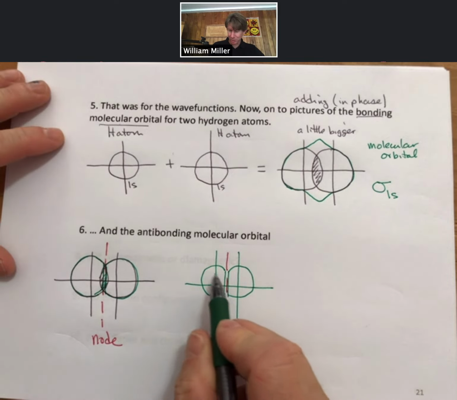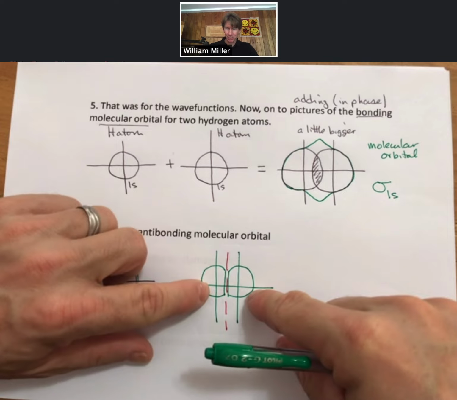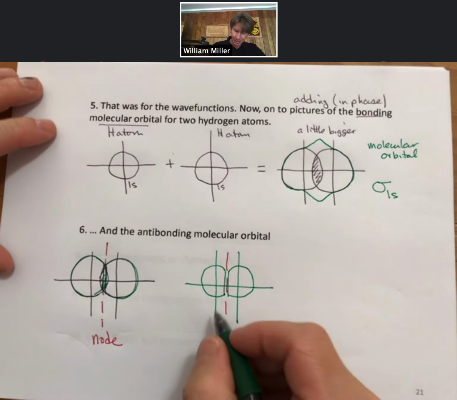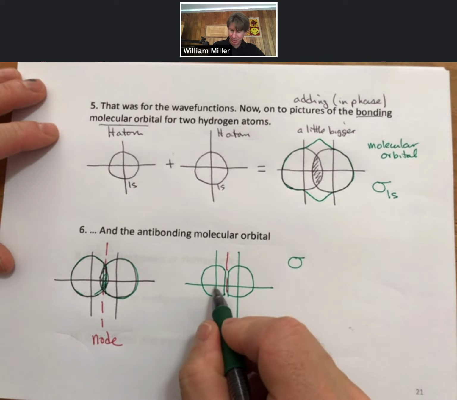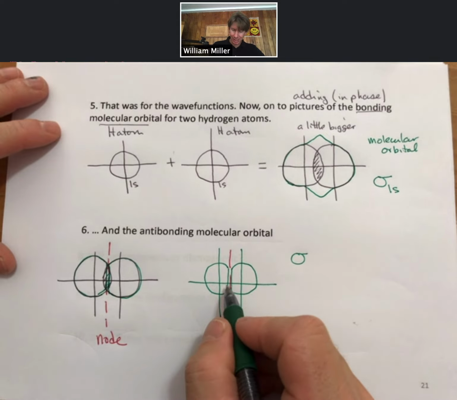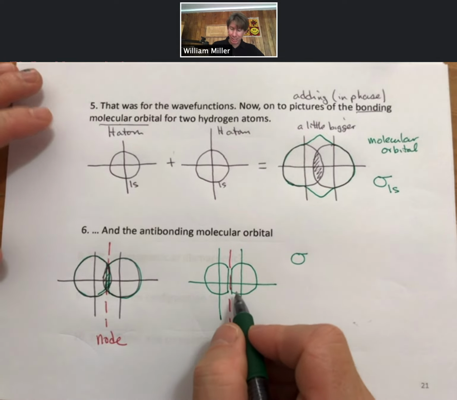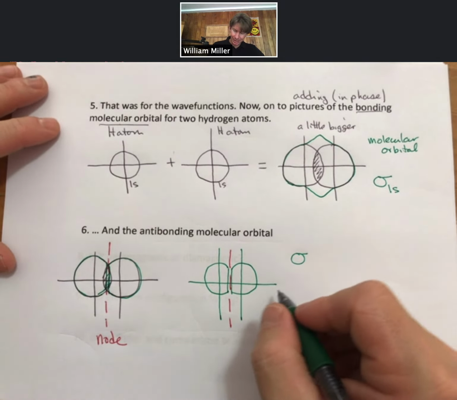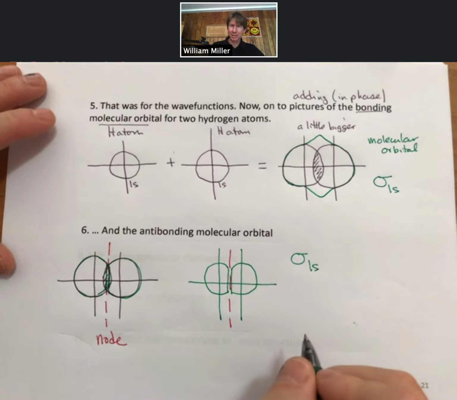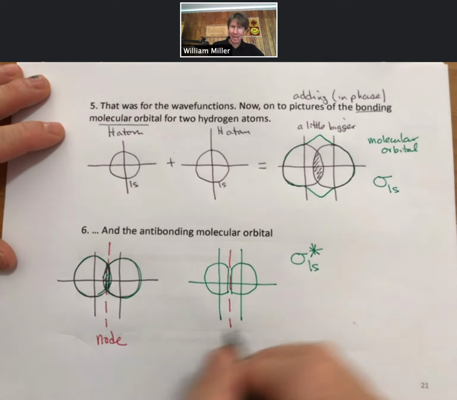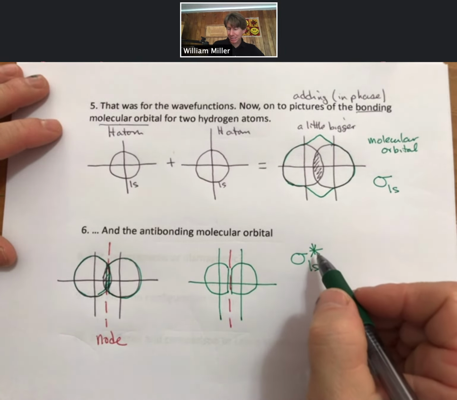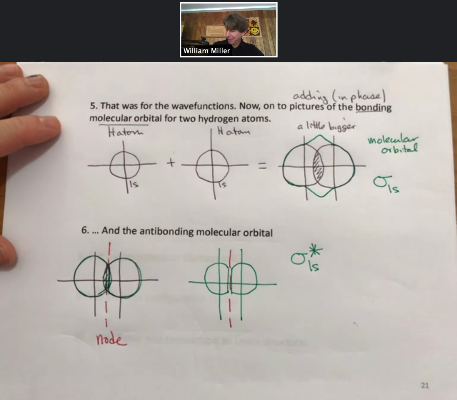Although I drew them a little off, it should be symmetrical around the x-axis. But this is still a sigma bond because the electron density lies along the x-axis, or the axis of the nuclei in this case. And it's made out of 1s atomic orbitals. And we just put a little asterisk there. That's the signal that it is an antibonding molecular orbital.